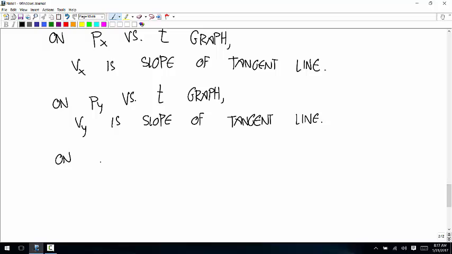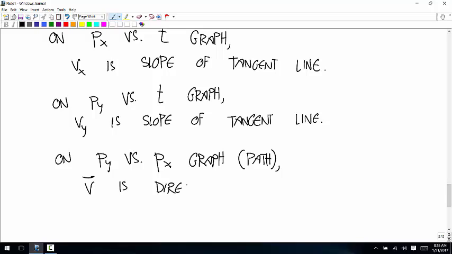And on the py versus px graph, the object path, the velocity vector is in the direction tangent to the curve.